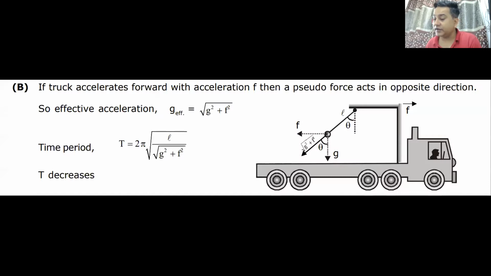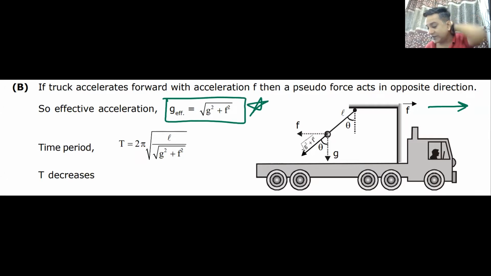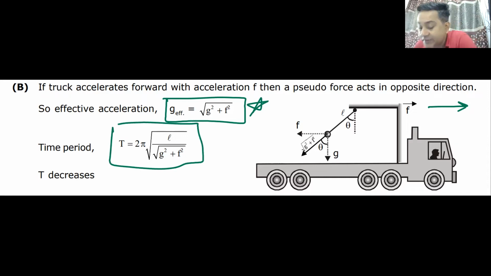I hope you have noted it down, beta. And we move on to the next case where the truck is accelerating towards the right with an acceleration F. In that case, the value of g effective, a very important formula, becomes root over g square plus F square, and the time period starts to look a bit more complicated. T is equal to 2 pi root over L divided by root over g square plus F square.